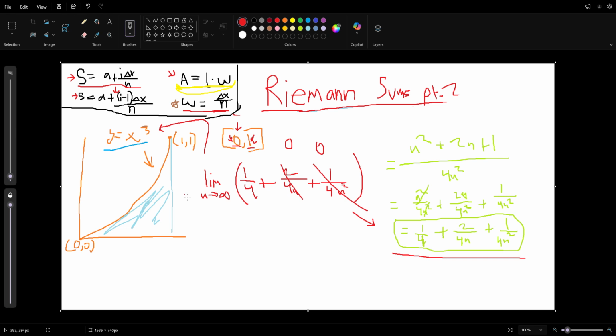So that means this will be equivalent to 1 over 4, which is our final answer by finding the area through the limit definition for this problem when f of x is x cubed. And the official way of saying this is the area of the region bounded by the graph of f, the x-axis, x equals 0 and x equals 1, is 1/4.